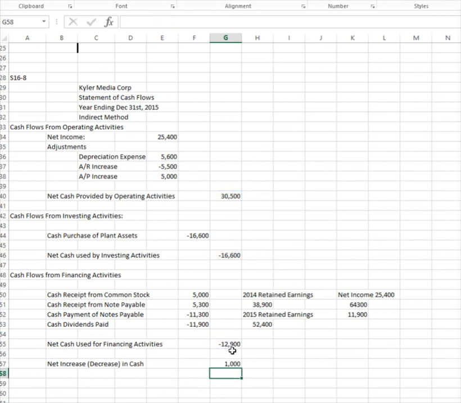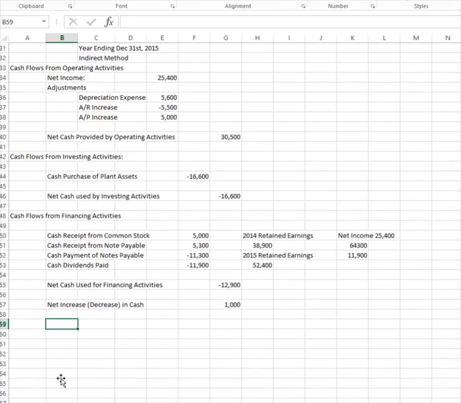So that gives us an overall net increase in cash of $1,000. And so I will put cash balance as of December 31st, 2014 is $3,800. You can see that right there in the comparative balance sheets. That's $3,800.